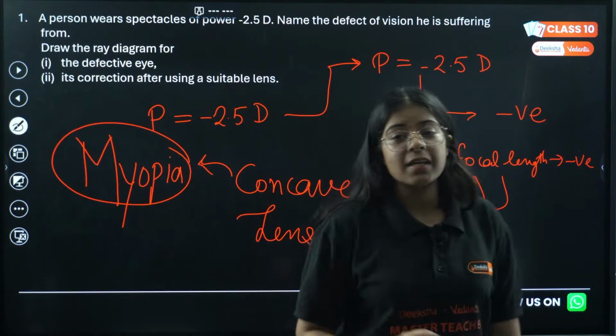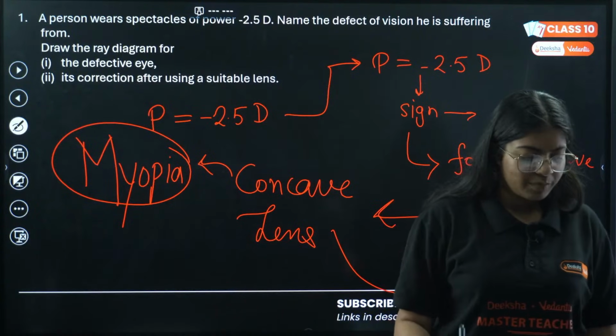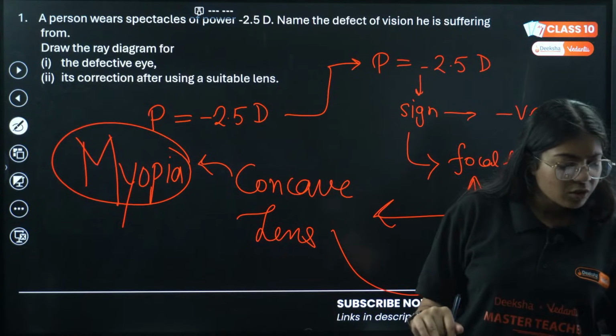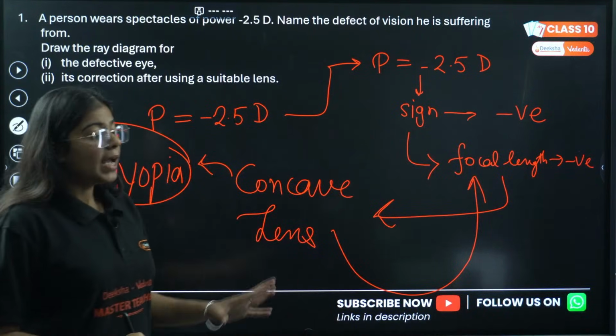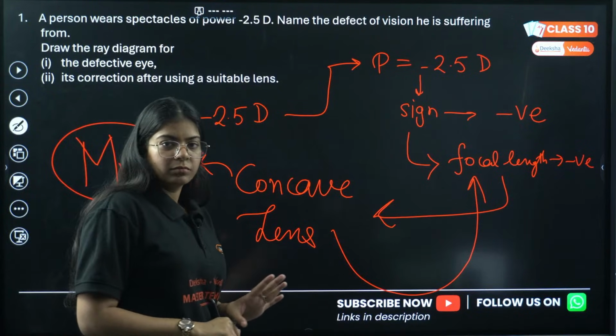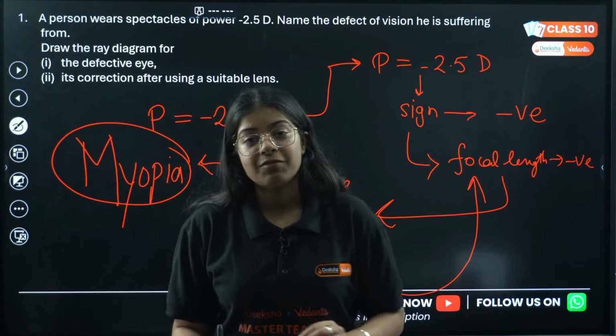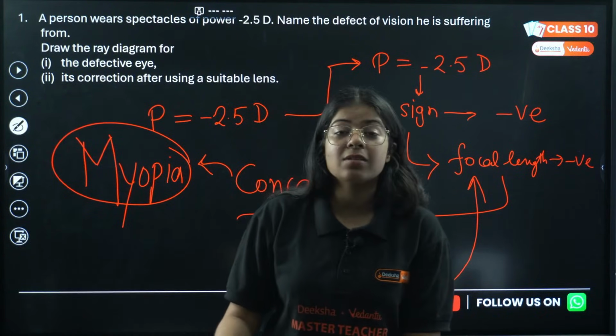Now it's asking, draw the ray diagram for the defective eye and its correction using a suitable lens. So I'll just draw this for you guys. Just let me know one thing in the live chat. The image is not being formed on the retina, correct? But where is it getting formed? In front of the retina or behind the retina in case of myopia?